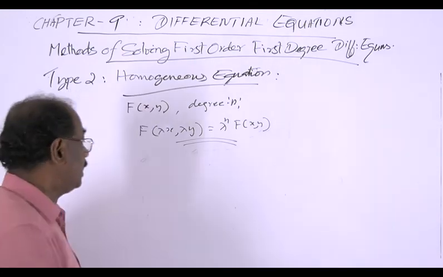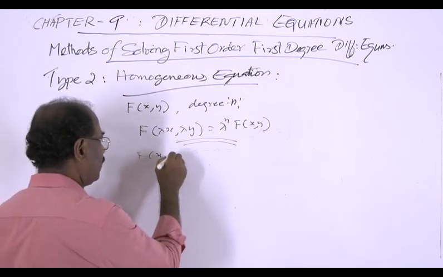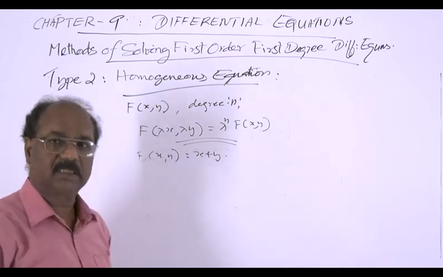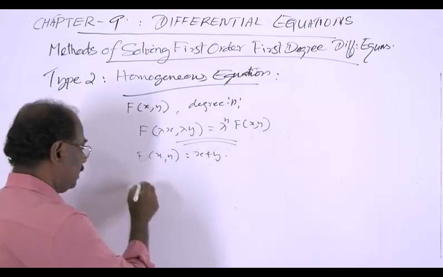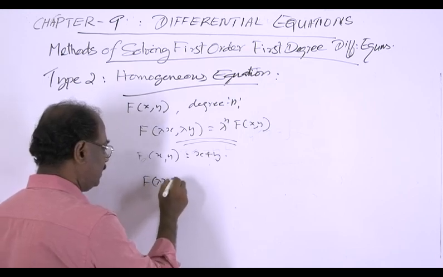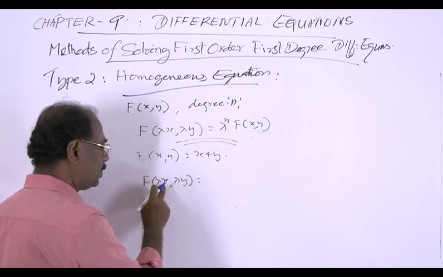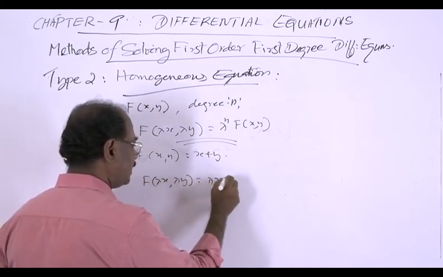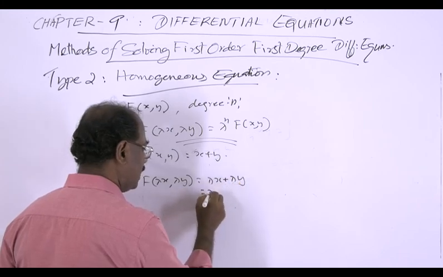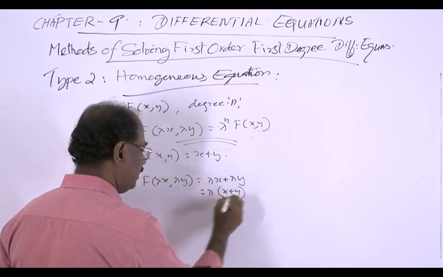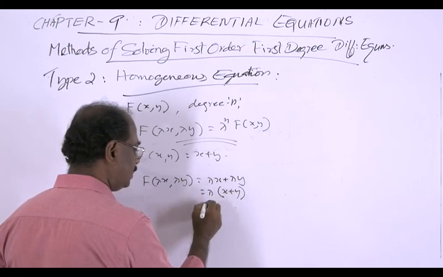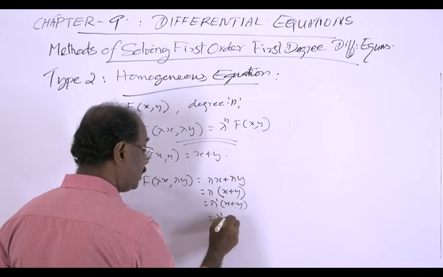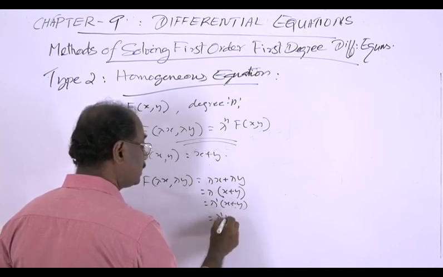For example, consider f(x, y) equal to x plus y. A simple case. Then f(λx, λy), in place of x put λx, in place of y put λy, equals λx plus λy, which is λ into (x plus y), which is λ raised to 1 into f(x, y).